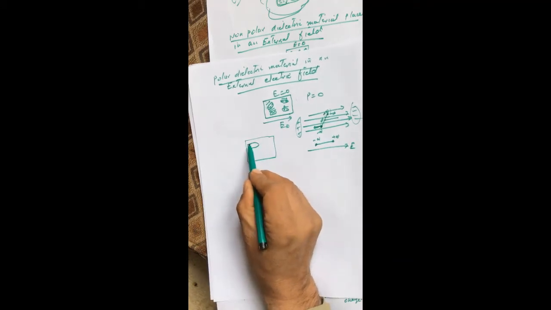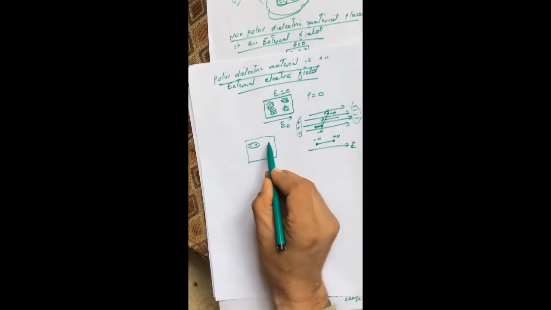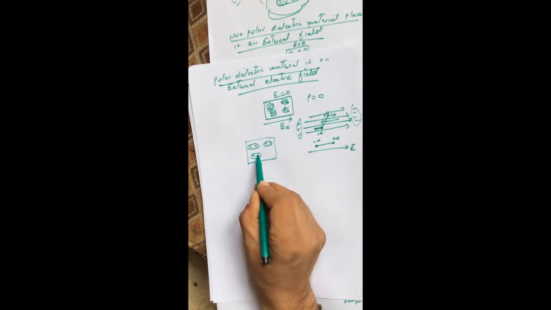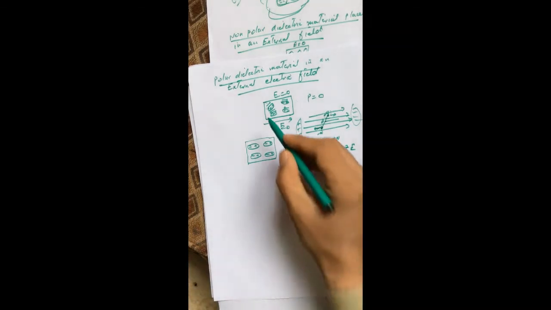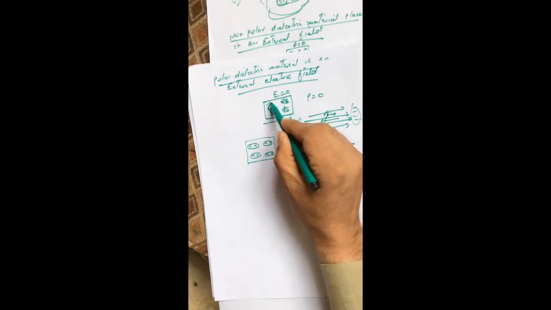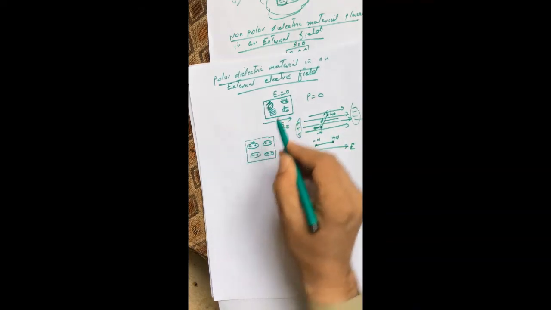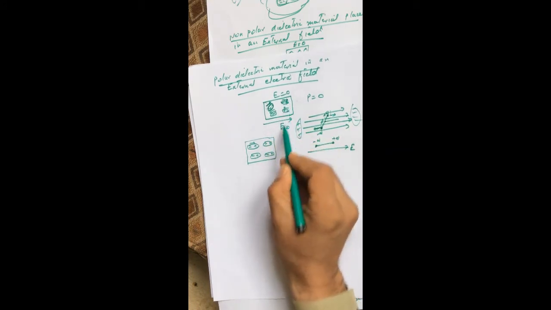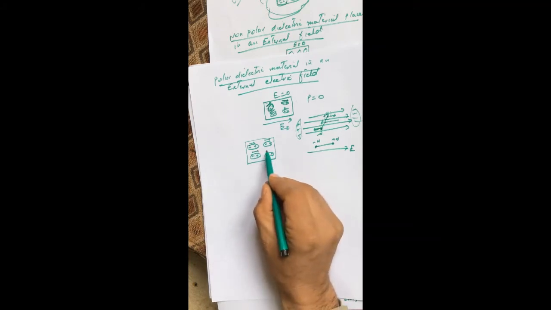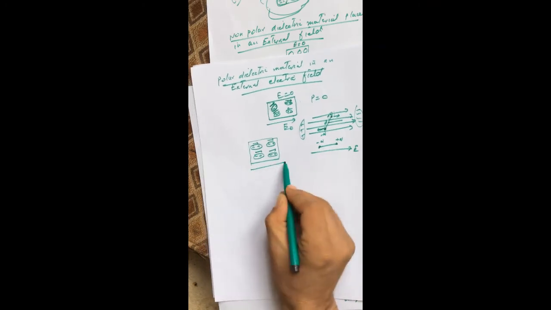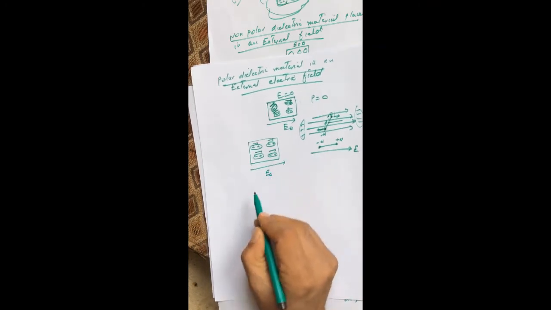This atom will move in this way, and so on for the others. There is a rotation of each dipole moment from its original direction to this one. This is the external electric field E naught.